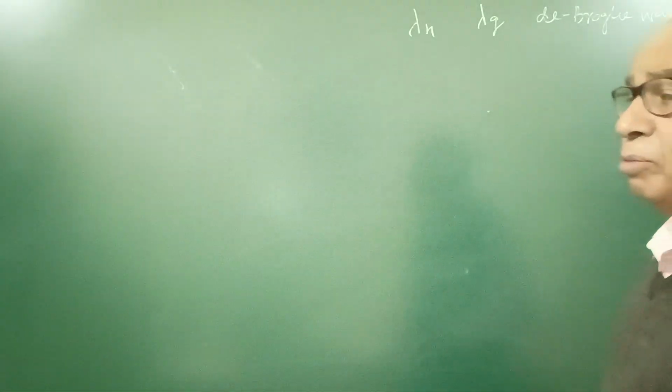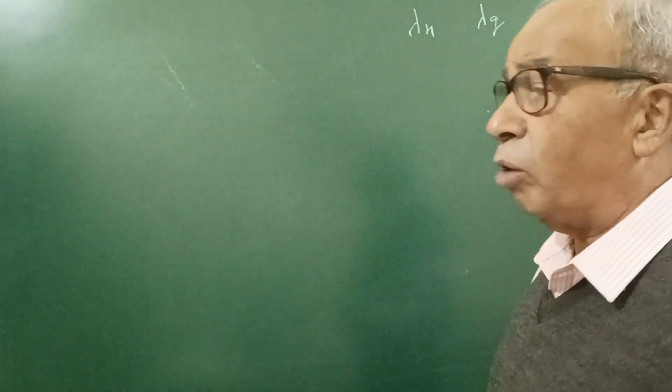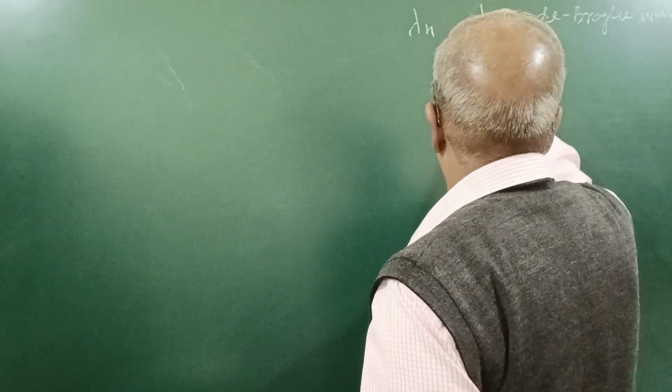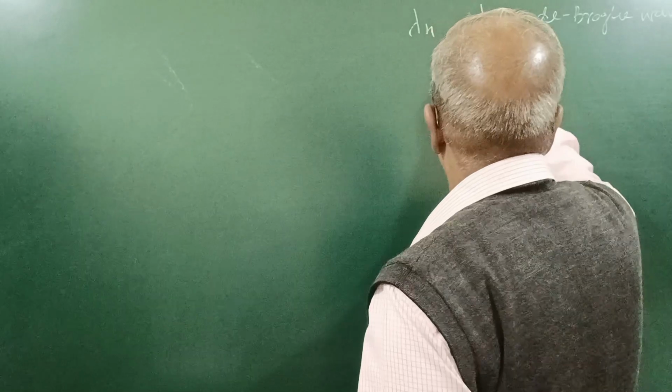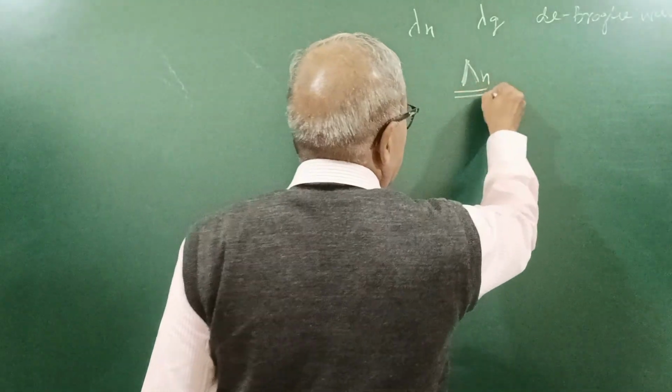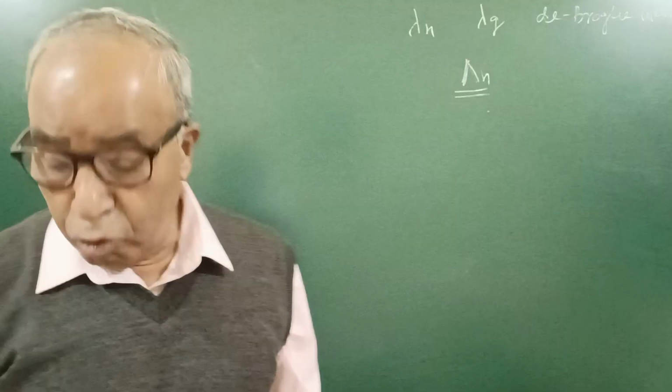If the electron jumps from some state n to ground state, it emits wavelength lambda n. Then for large value of n, what is lambda n? It is the wavelength of photon emitted when electron jumps from state n to ground state.